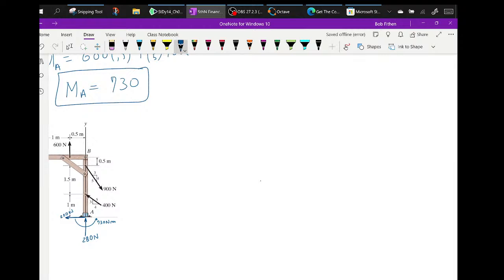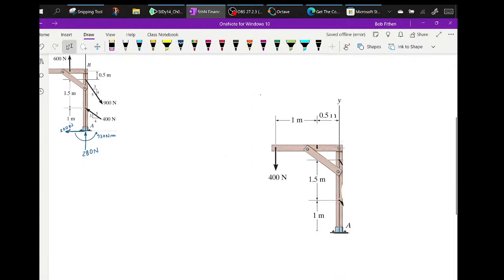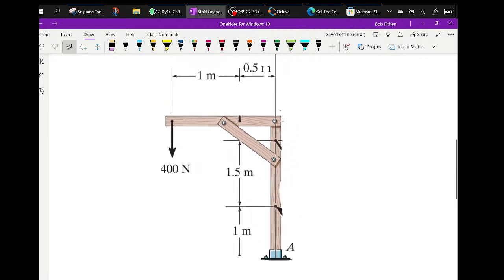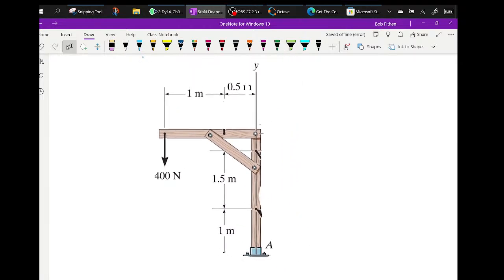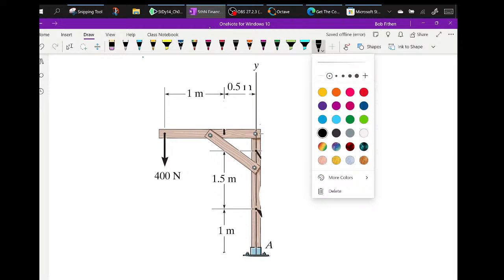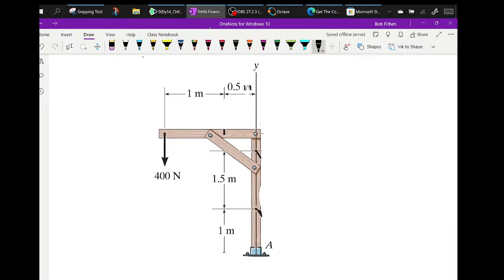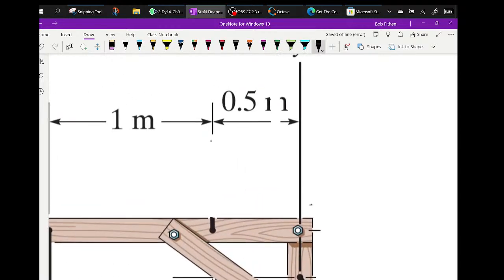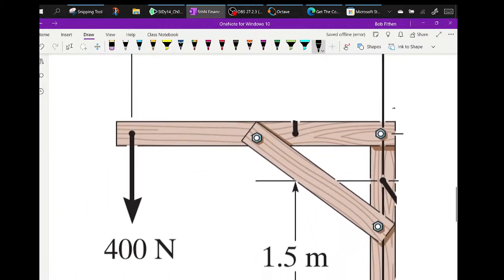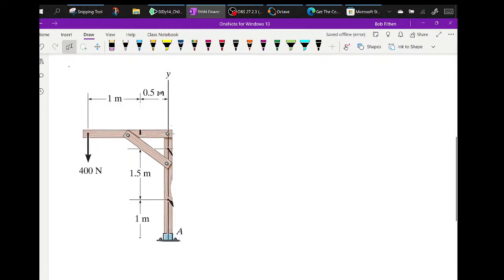I can clip it once. Here's what I can do. This works pretty good. Anyway, it's supposed to be meters. This time I'll do my best.